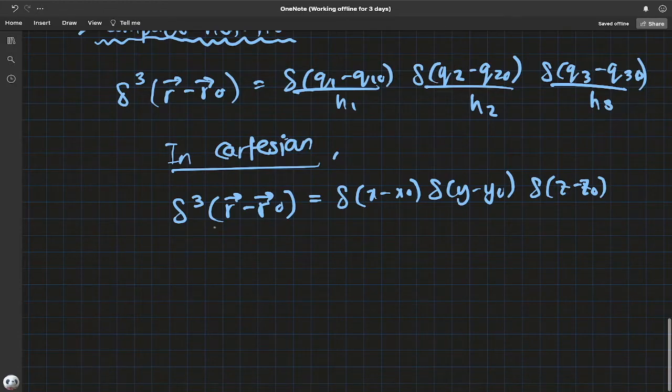So what we can do is, using this compact notation, because this notation introduces a vector, and a vector is coordinate system invariant. I'm not talking about the components or the basis vectors, the vector itself.